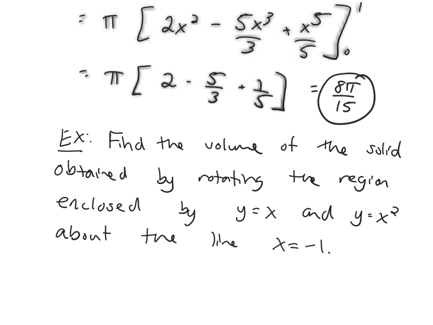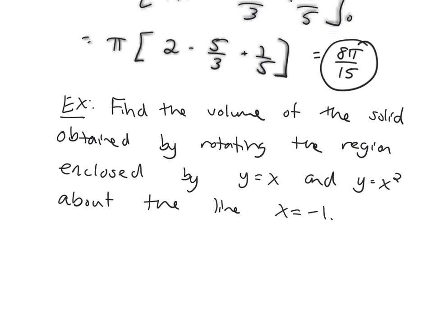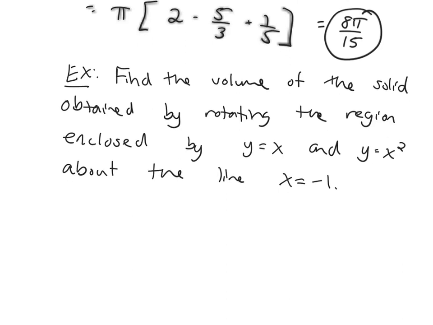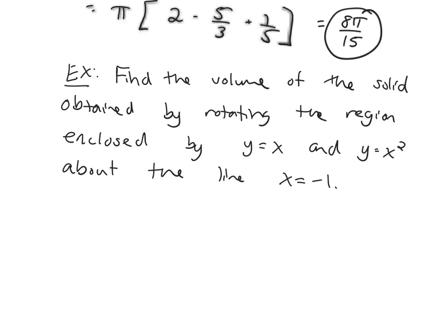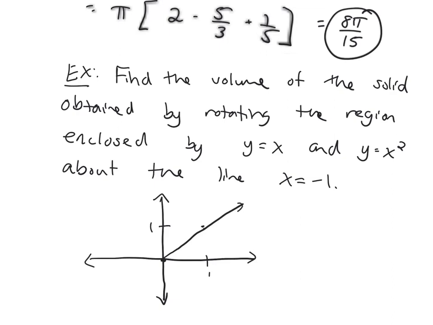So I know what this region looks like. If you didn't, you would have to find the intersection points and all that stuff. But I already know what the region looks like. Goes through 0, 0, 1, 1. I have my line, and then my parabola.